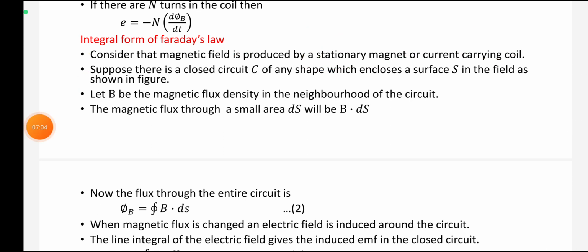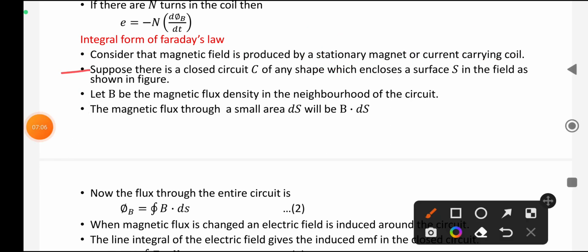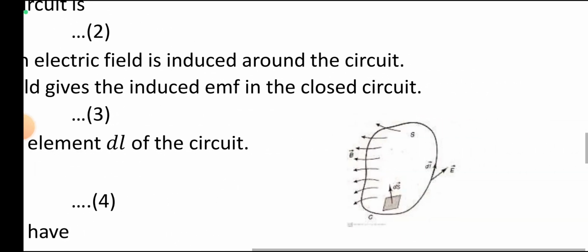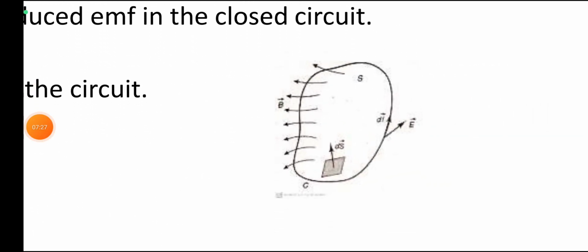Now the second line says take a closed circuit C of any shape, the shape is not important, which encloses a surface, that means it has a surface area S, in the field as shown in the figure. This is the figure.